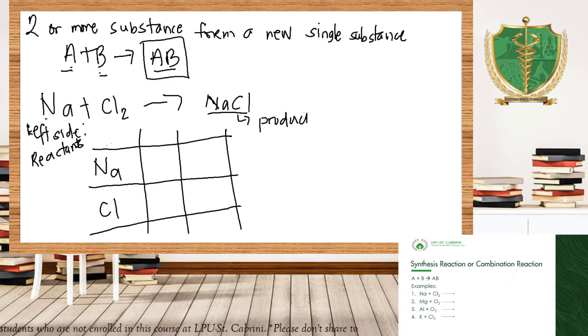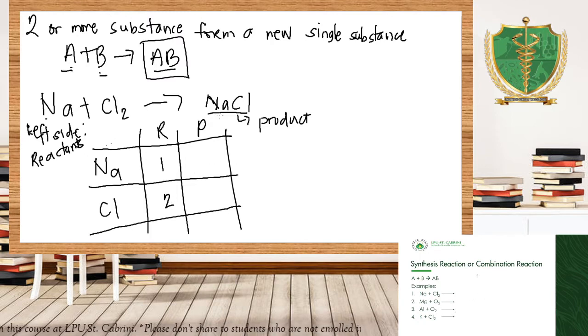And the one on the right side of the equation is what we call the product. So the first column refers to the reactant and the second column refers to the product. How many sodium do we have in the reactant? We have 1. How many chlorine do we have? We have 2.